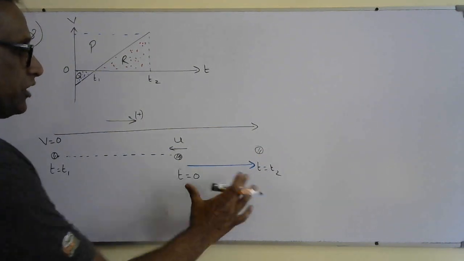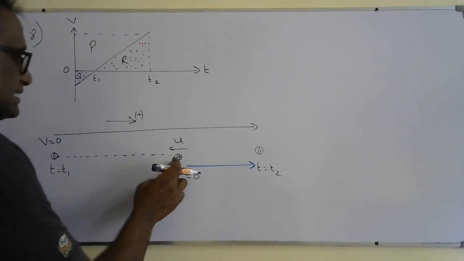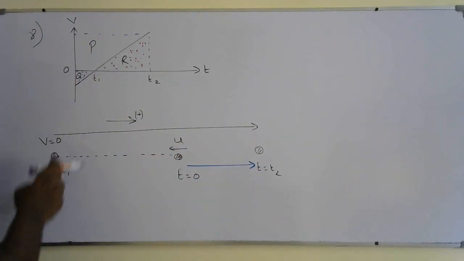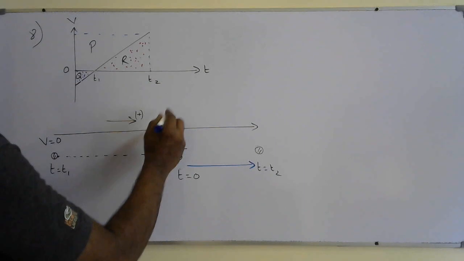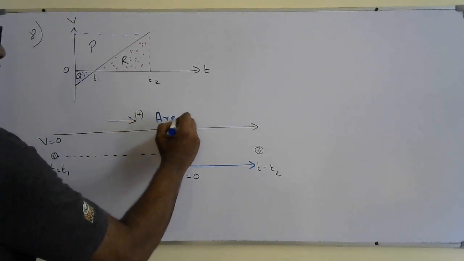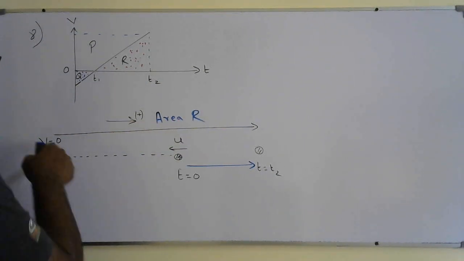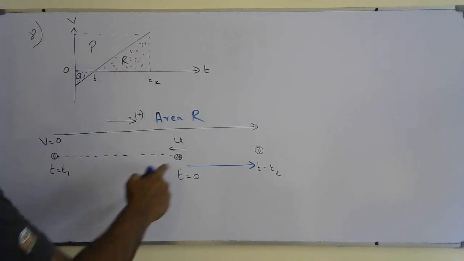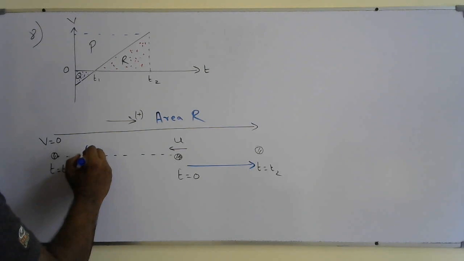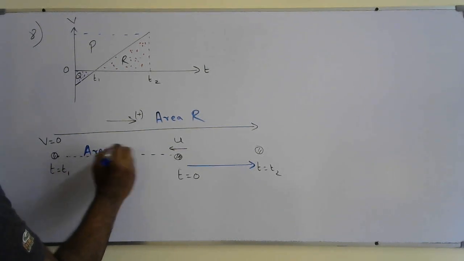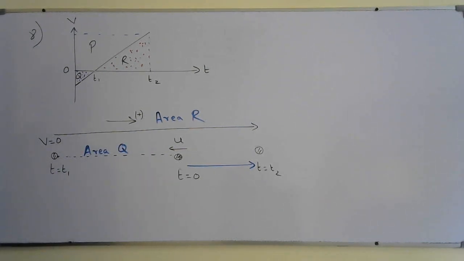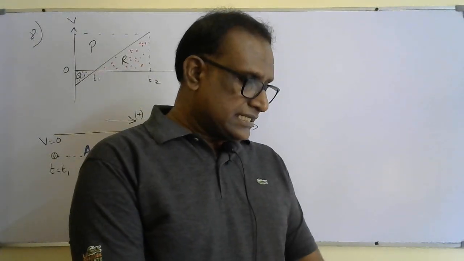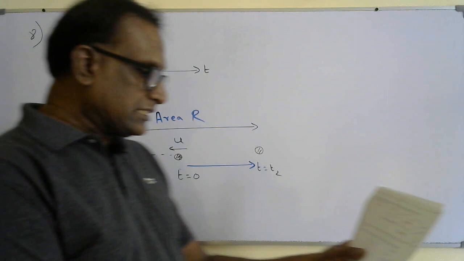Okay, so how do you find this length? From this length, I should subtract this length. This length is the area R. From here to here is the area R. From here to here is the area Q. So the question is, which of the following expressions gives the total displacement of the particle?